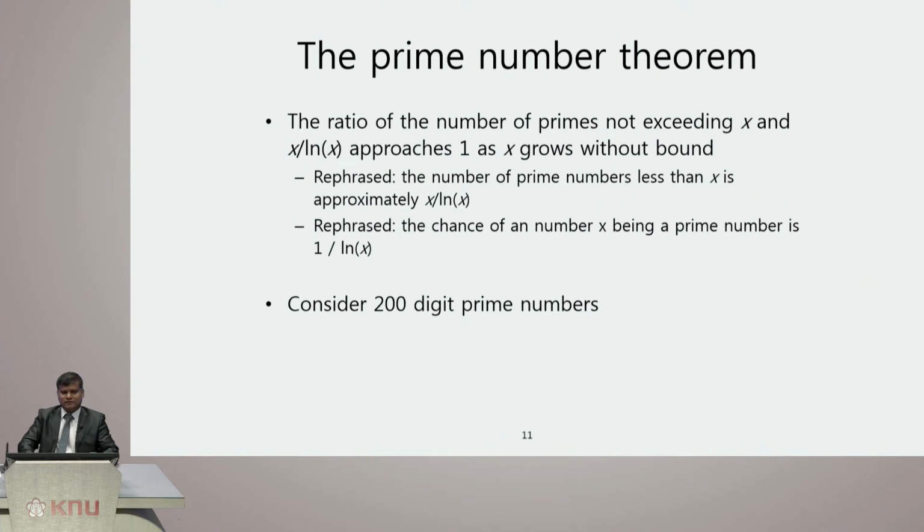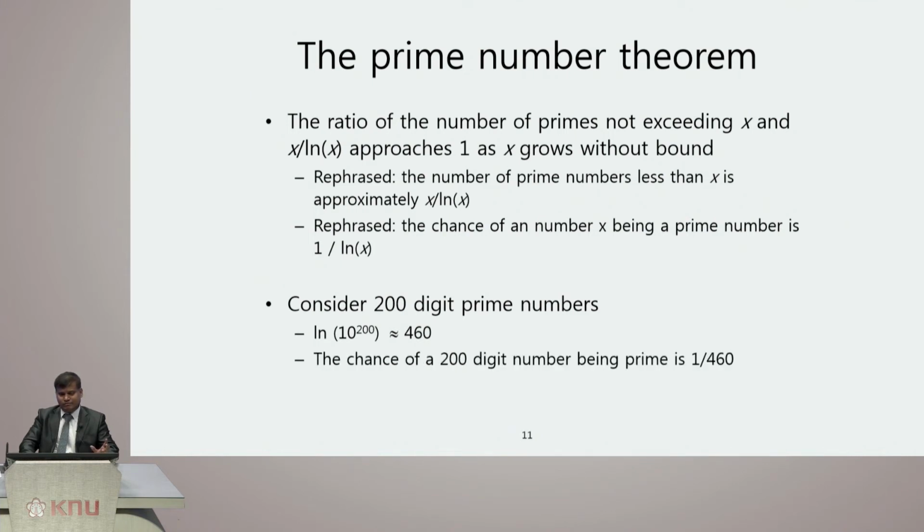So that's the idea. If you consider a 200 digit prime number, it's quite a long number. The natural log of 10 to the power 200 is approximately equal to 460, which means that the chance of a 200 digit number being prime is 1 by 460.